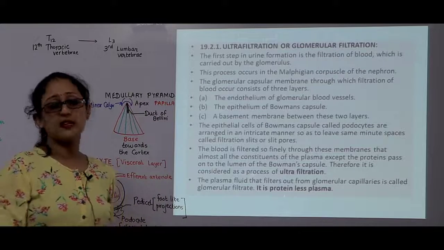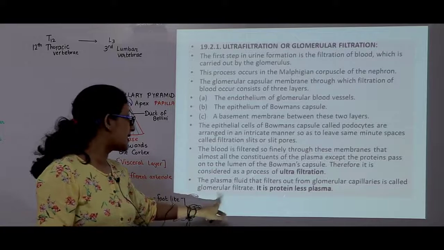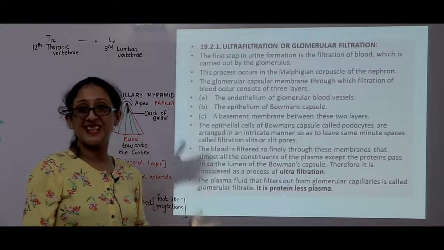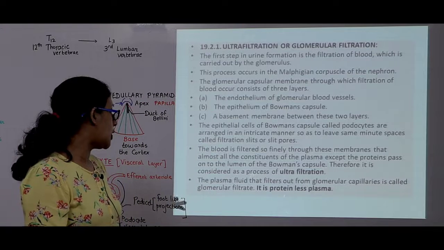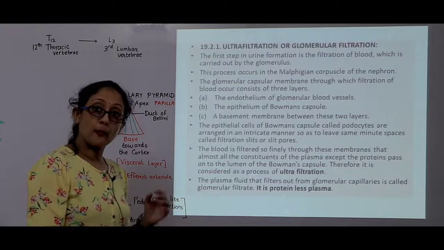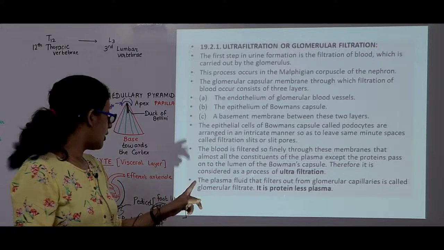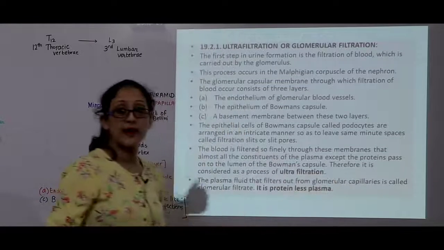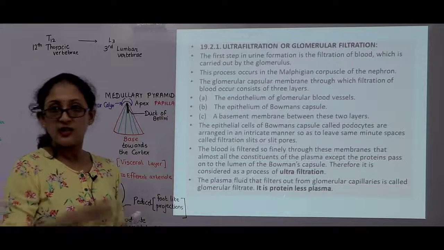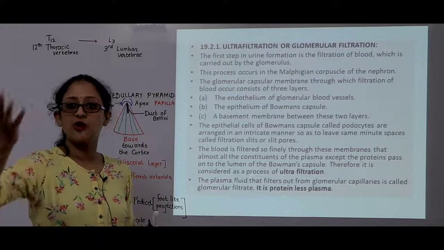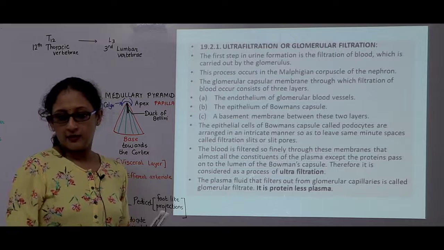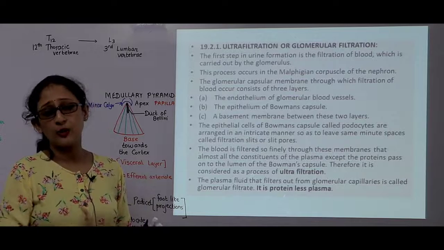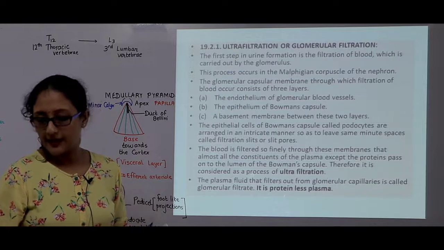So the fluid that filters out is called deproteinized plasma or proteinless plasma, or it is also called primary urine or glomerular filtrate. In the bracket here, please write down primary urine, because it is not the final composition of urine, it will be modified. Finally, this primary urine will be collected in the capsular space of the Bowman's capsule.